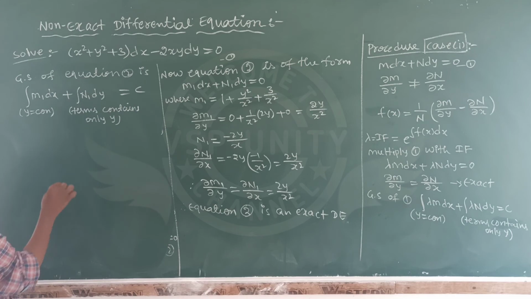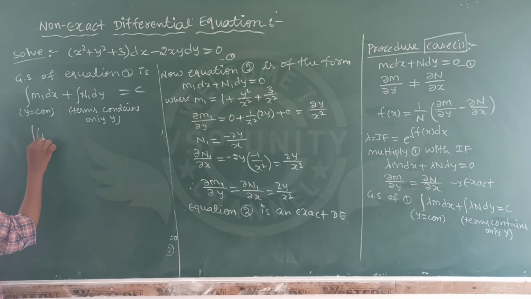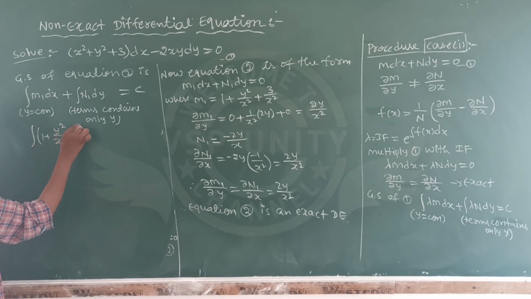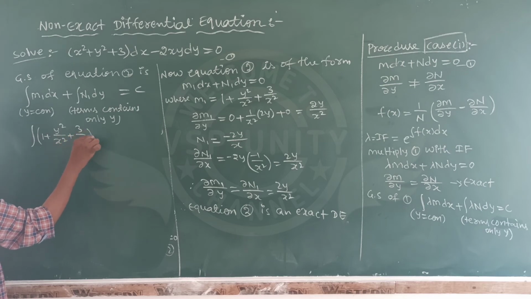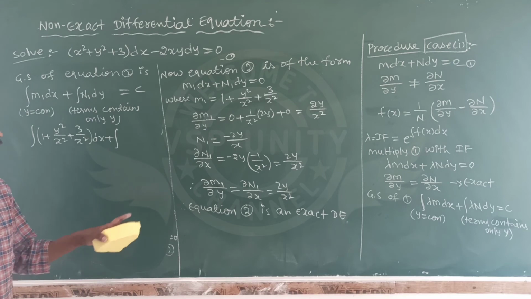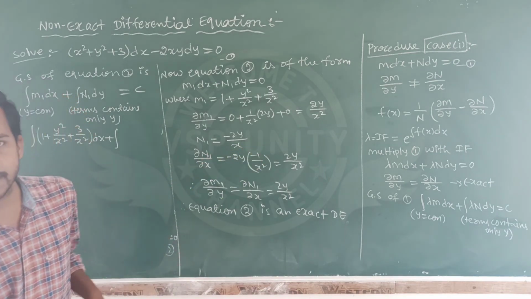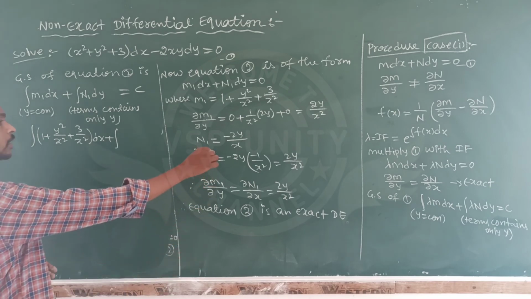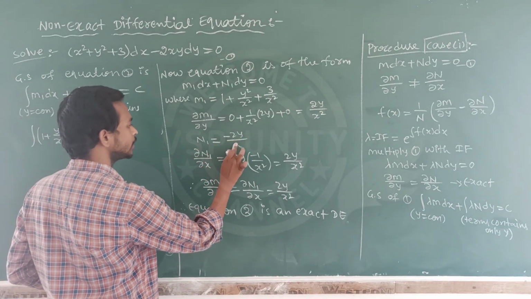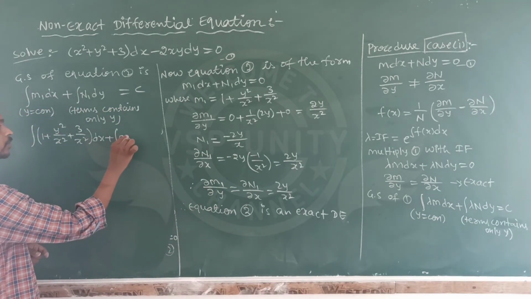Integration of M1 dx, M1 means this 1 plus y square by x square plus 3 by x square, into dx, plus integration of N1 dy. This is in terms of x and y, so here the x terms and y terms are not separate, so we take 0.